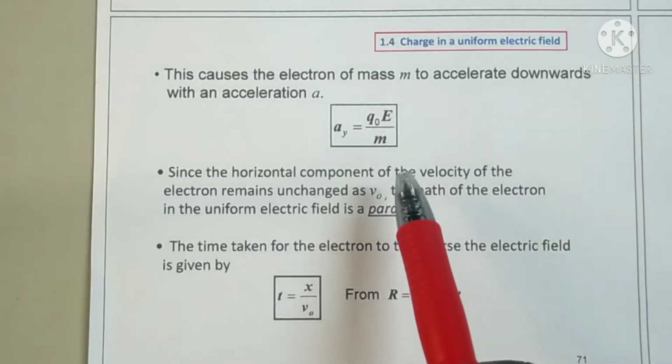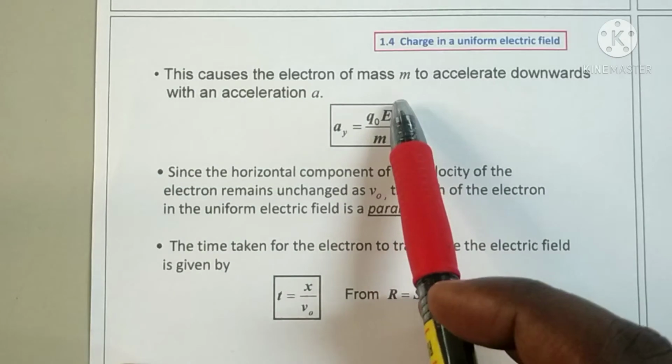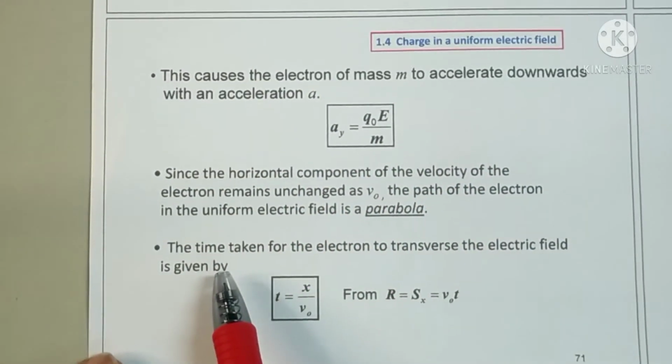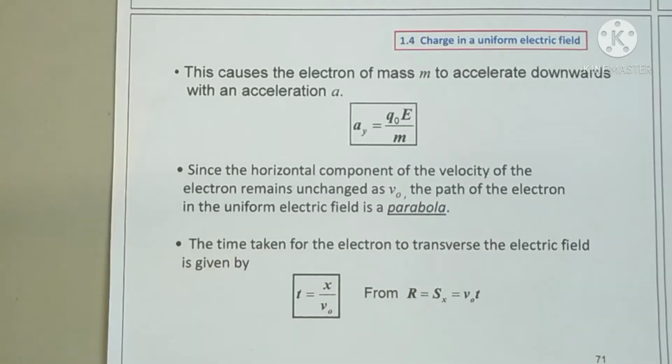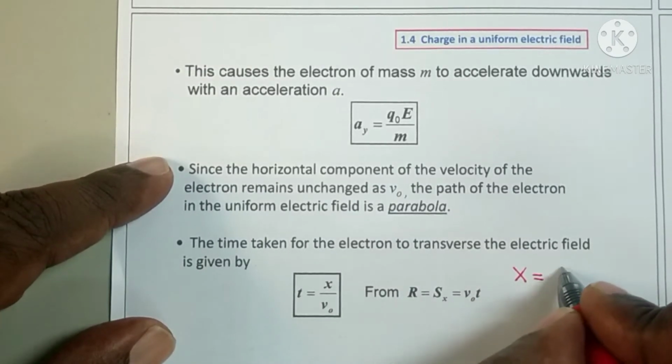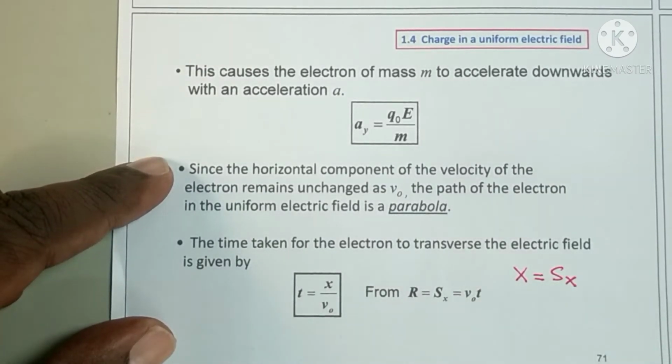You can determine the acceleration of the electron by using this formula, and the time taken for the electron to cross the field by using this formula. So x here is equal to Sx.